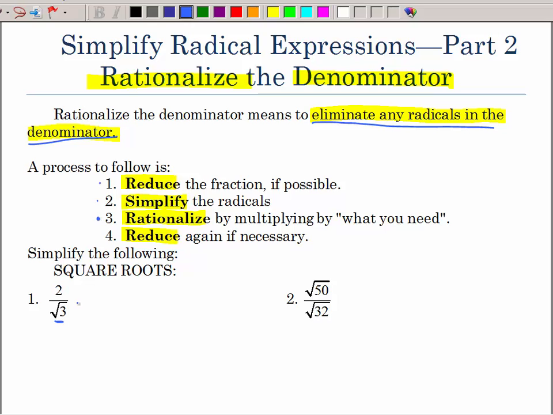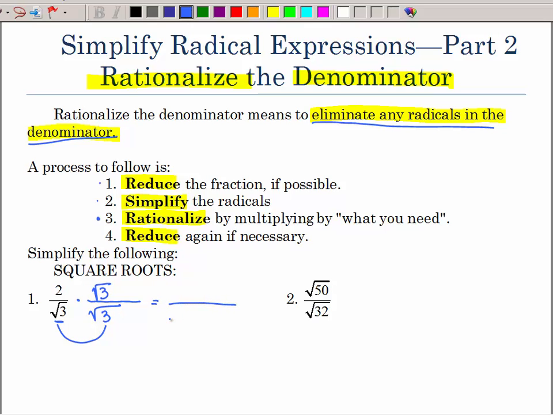It means what would you need to multiply the square root of 3 by to have a perfect square? Well, if you remember from the previous video, if you have a square root, you're looking for 2 of a kind. So if I have 1 3, I need to have 1 more. So whatever I do to the bottom of a fraction, I'm going to do to the top.